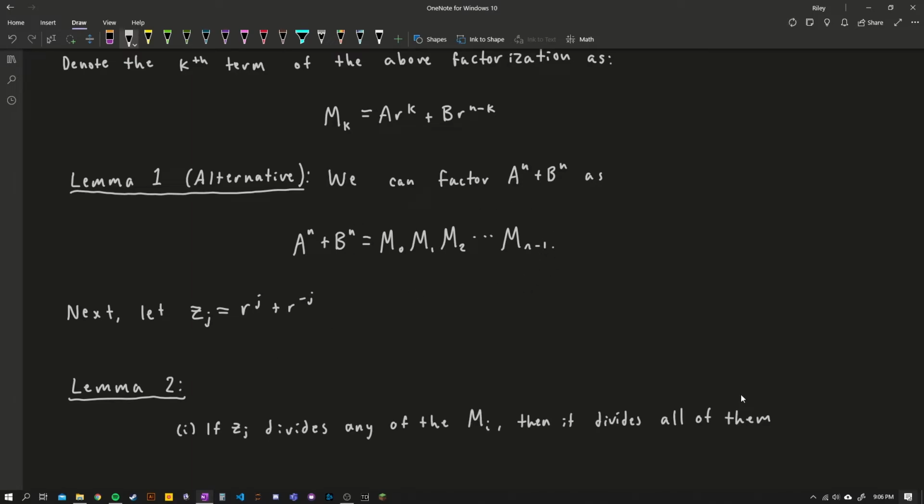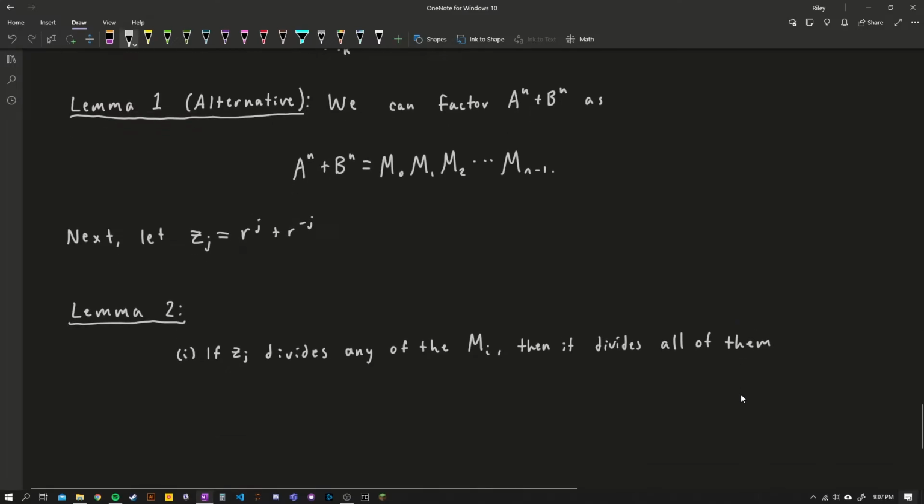The second part of lemma 2 says that we can add together two of these m's, and we get some specific z sub k times a different m, which I'll call m sub l. Here, this k on the z sub k is i minus j divided by 2, and this l is i plus j divided by 2.